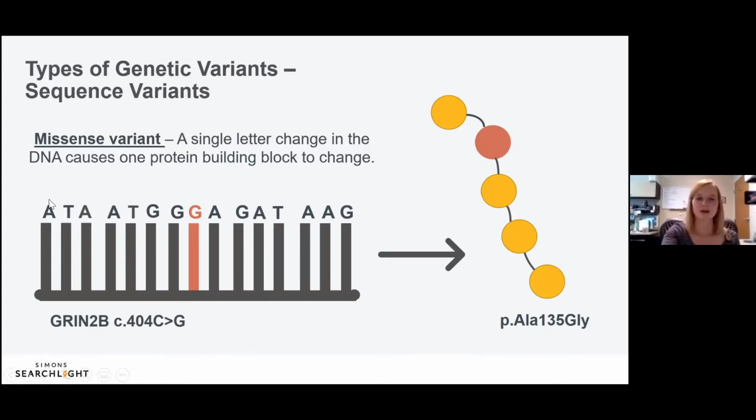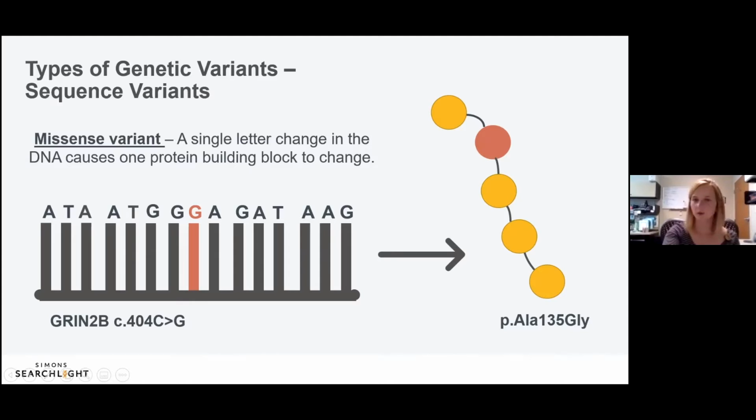You may remember that we use chunks of 3 letters to make our different amino acids. And what some spelling changes do is it just changes this one building block coded for by these 3 letters. What that looks like in our total protein is the rest of the protein is unchanged.